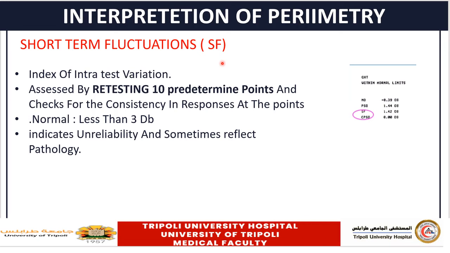Now, if there is 2 to 3 decibel variation between the sensitivity, this is accepted as a patient fluctuation. It is also named as inter-test fluctuation or variation. However, if the variation between the readings at the same point is more than that, this indicates unreliability of the test, and sometimes is due to some pathology. This is called short-term fluctuation.